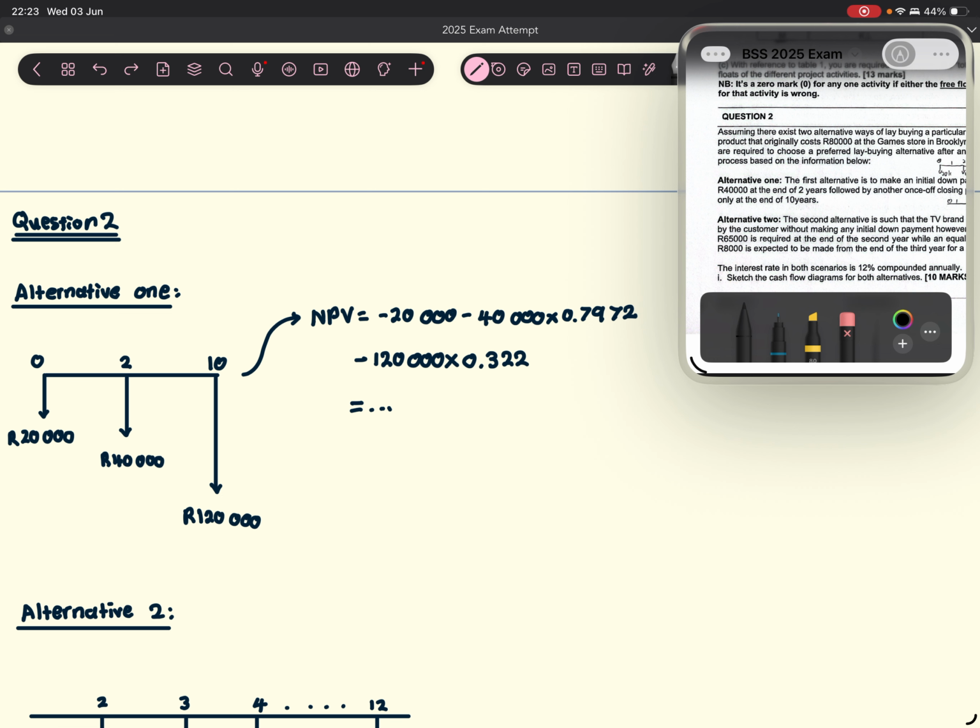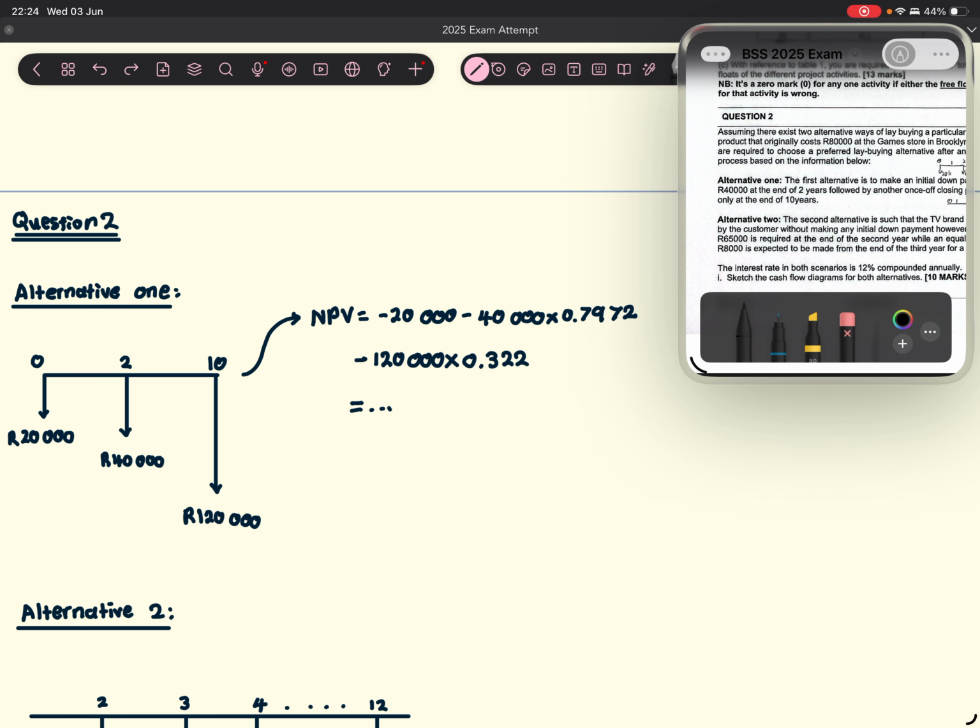What we're trying to do with the net present value, as far as I understand it, is calculate what each payment would be in today's money. Interest has been applied to these amounts, so we're trying to figure out in today's money what these values would be, without the interest.